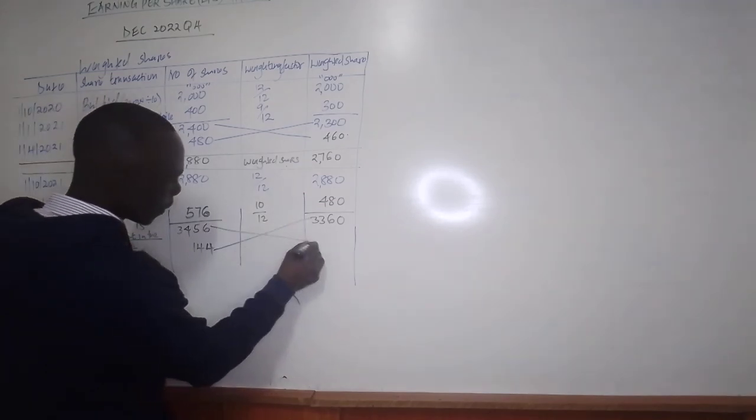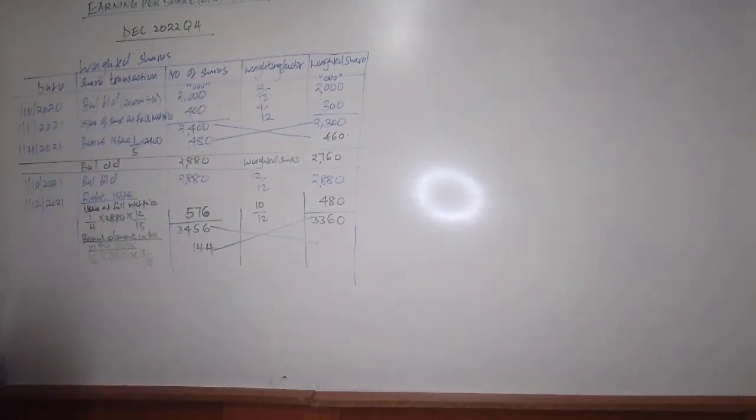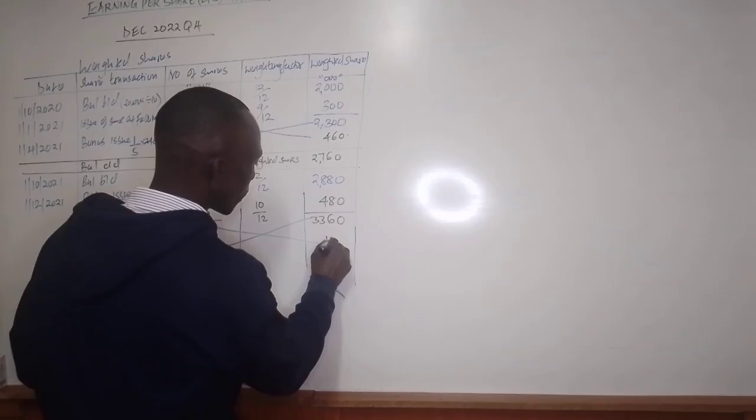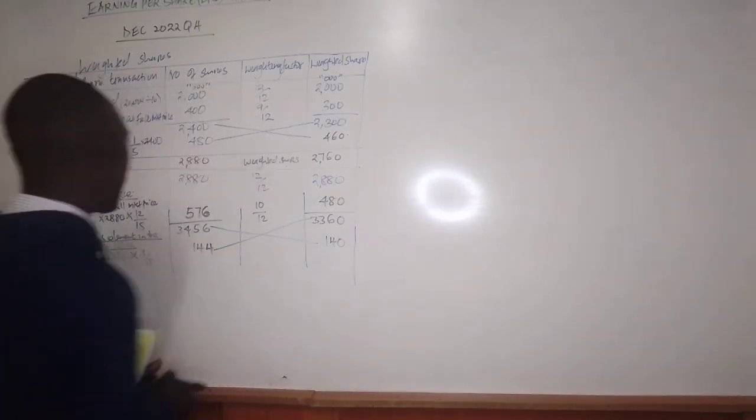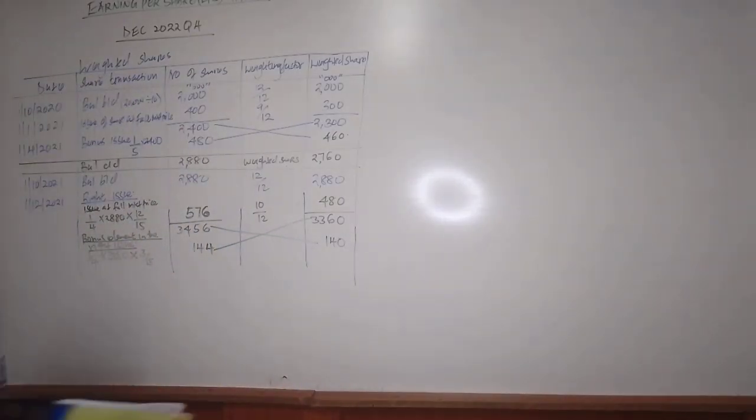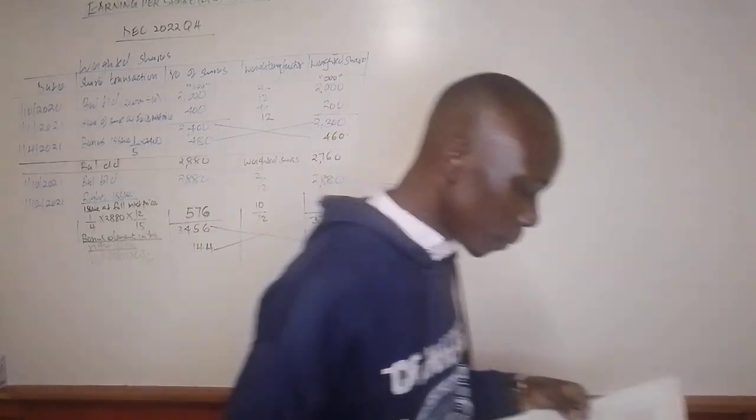These you multiply by these, how many shares are you going to get? So we have 144 multiplied by 3360, then we divide by 3456. So we will get 140. Then let us continue.